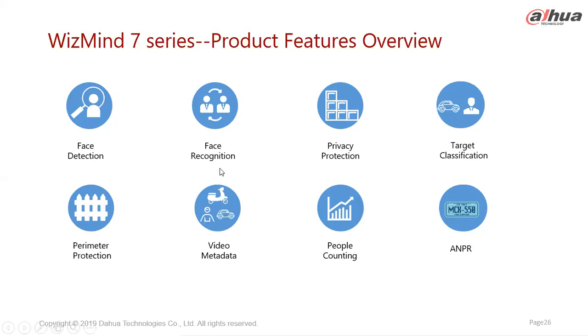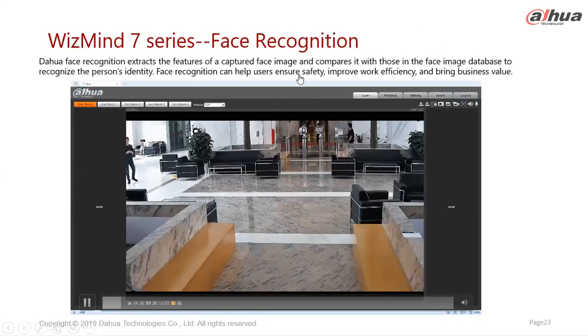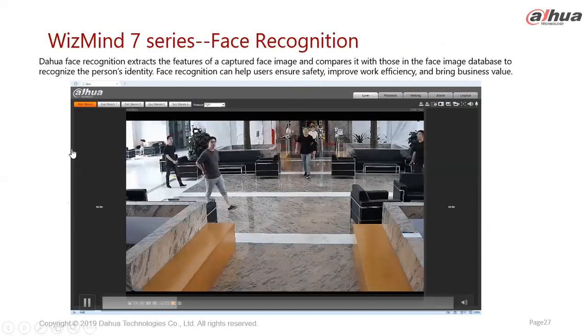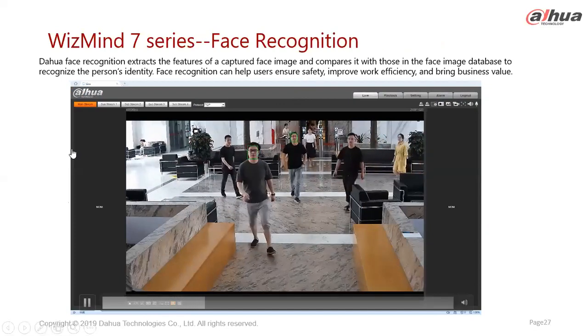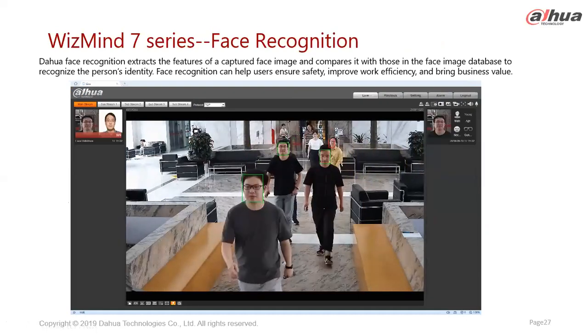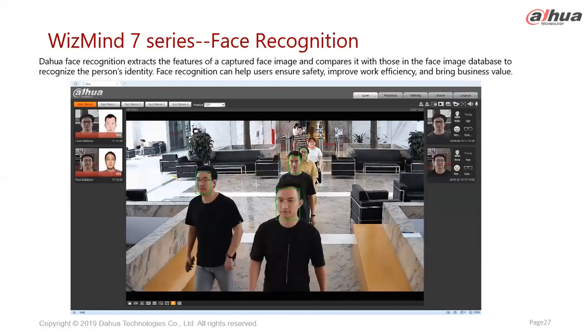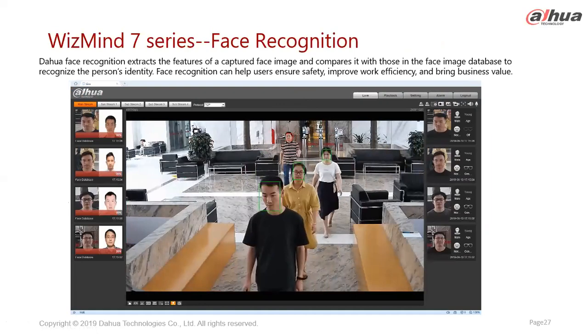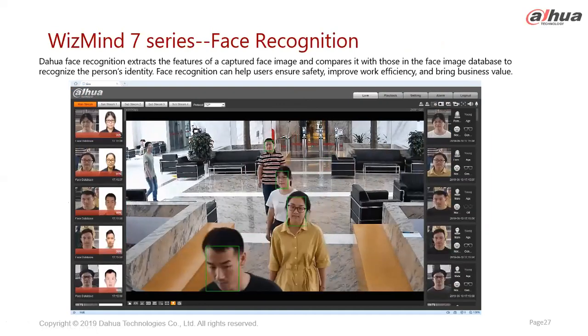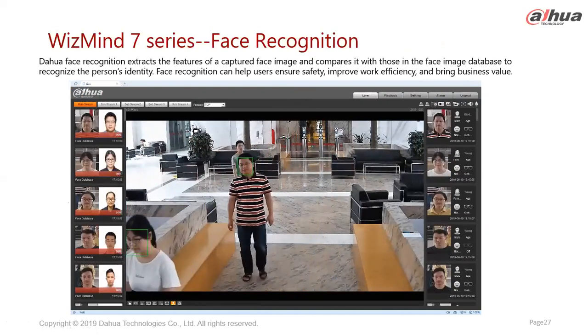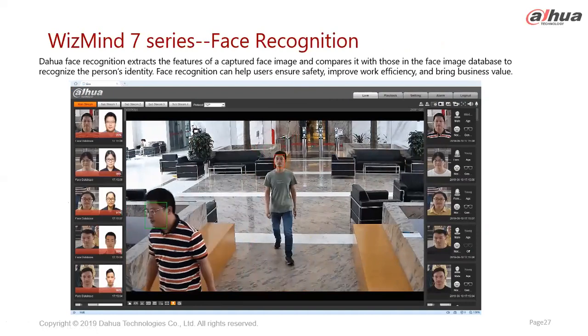All these functions we did with camera functions. So a typical scenario for face recognition with the WizMind 7 cameras is this. For face recognition to occur, it will need to compare against the database. So you can see from your screens.